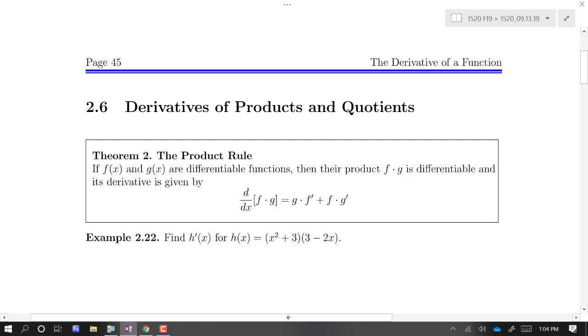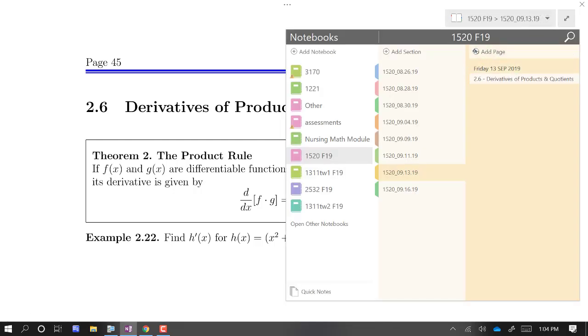I'm going to first convince you or show you why this product rule is true. You don't necessarily have to write this down. I'm sure there's a demonstration of it in the textbook. But if I want to find the derivative with respect to x of f of x times g of x, well, let's take what we know a derivative is.